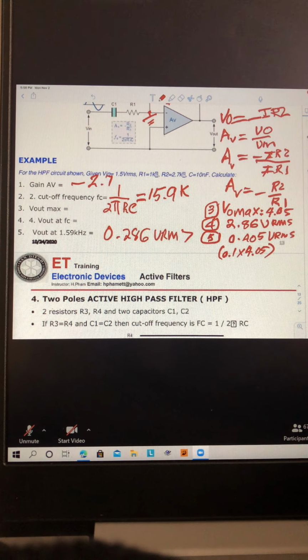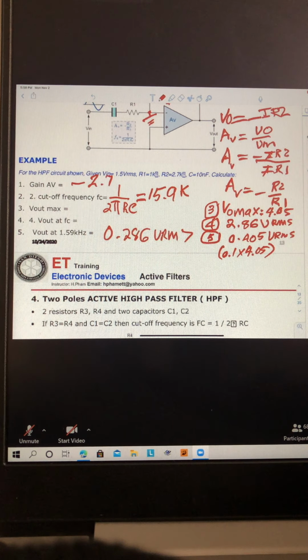And I'm sorry, Mr. Pham, the 0.1 is constant in this case, right? Which number are you talking about? Number 3, 4, 5. For number 5, when we multiply the V out max by 0.1, where did we get the 0.1 from? Is it from the formula?